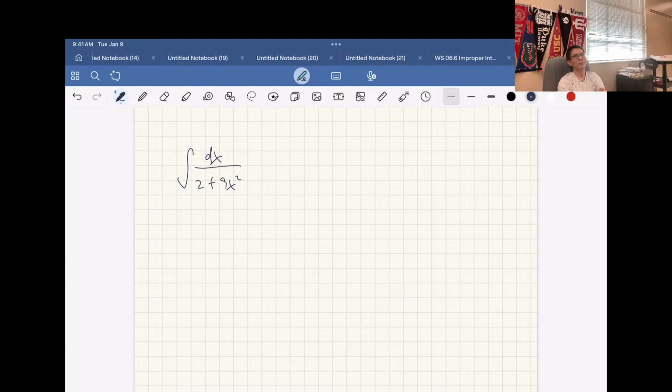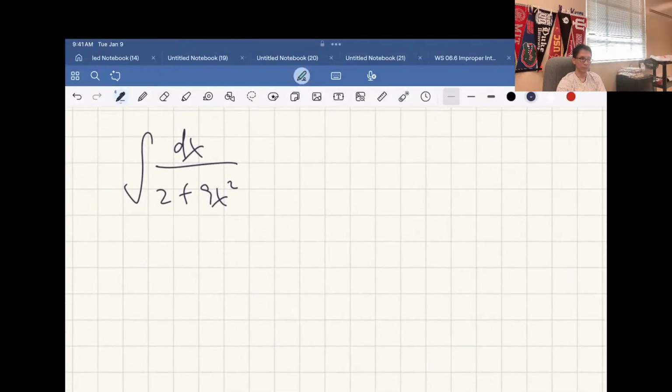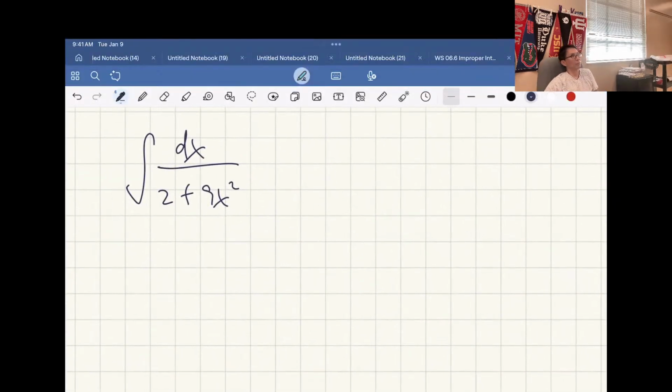1 over 3x arctan, whatever. No. Wait, can you scroll up? Oh, I think I have one correction. Can I scroll up? No, I cannot scroll up. Okay, first two.